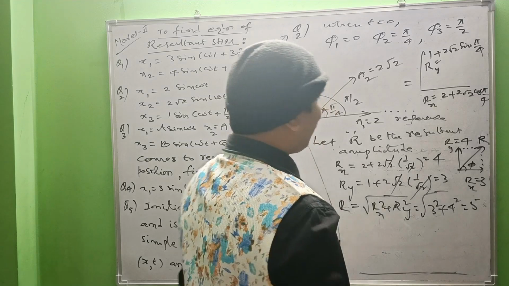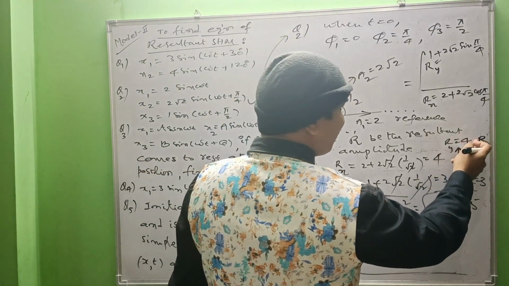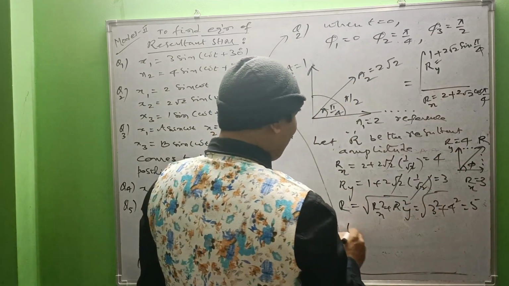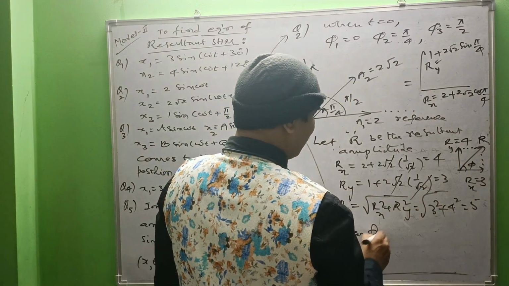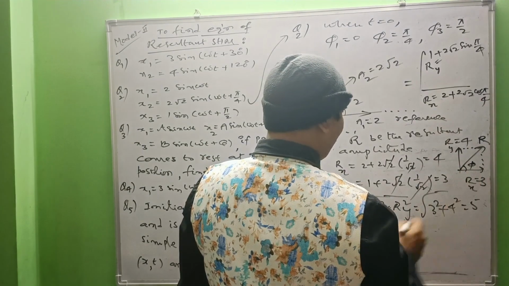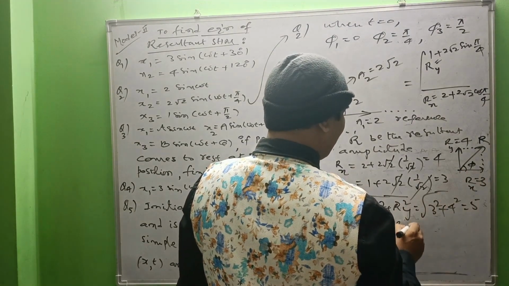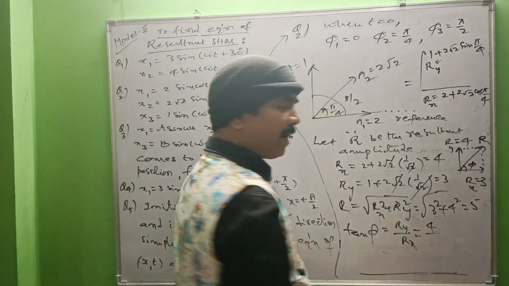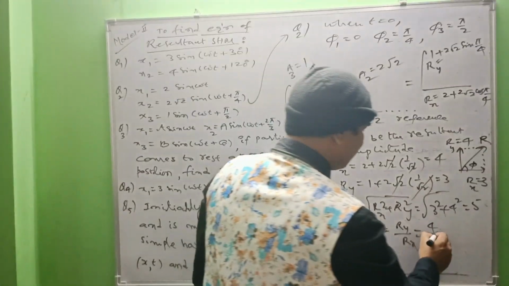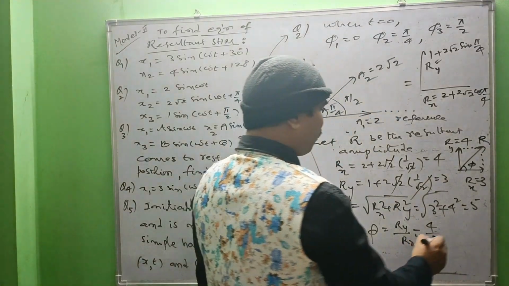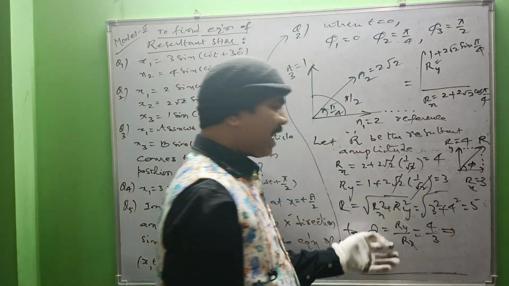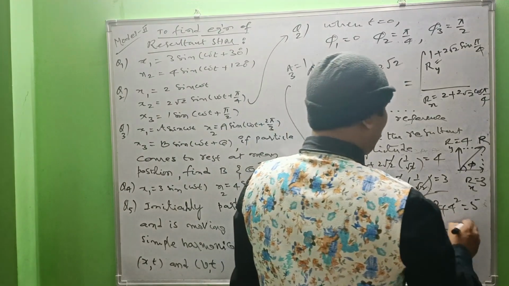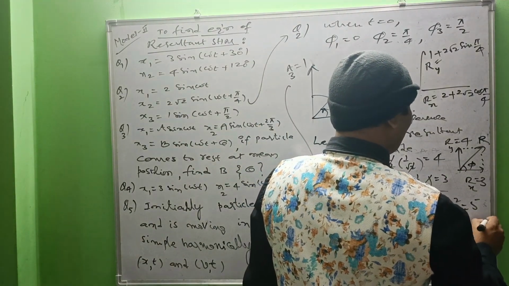Now what is the phase of the resultant amplitude with one of the parent vectors Rx? Take tan phi equal to Ry by Rx, that is 4 divided by 3. So phi equal to tan inverse 4 by 3, which is 53 degrees.